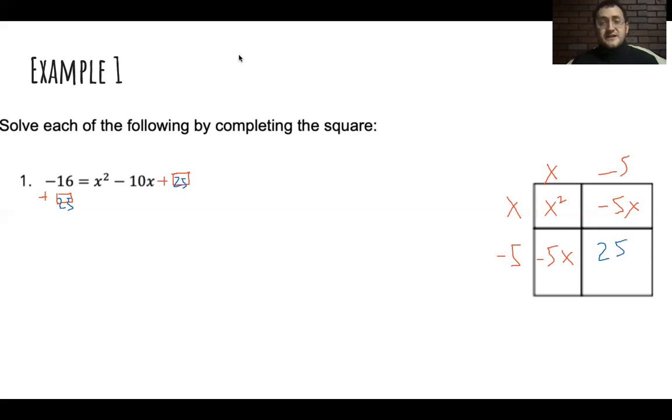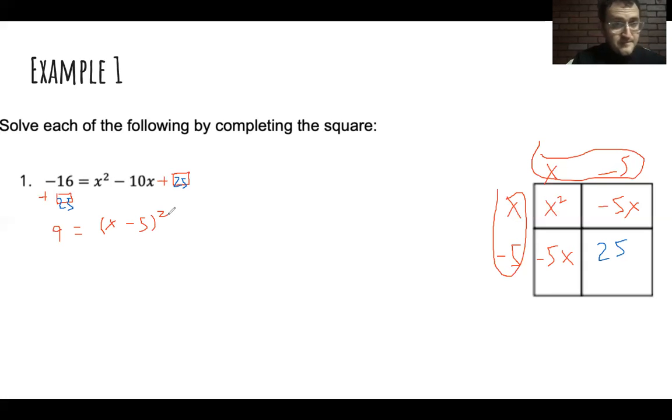And when we do that, we are going to get 9 equals, and notice that I'm going to be taking the factors. So I'm going to write this as x minus 5 squared because we have x minus 5 multiplied. So we got that.